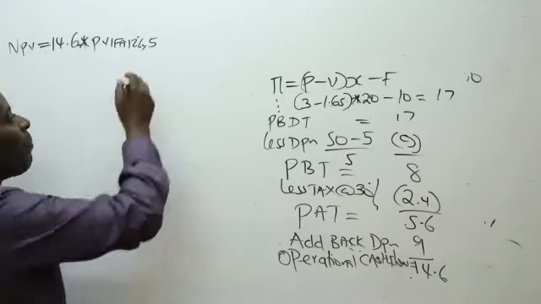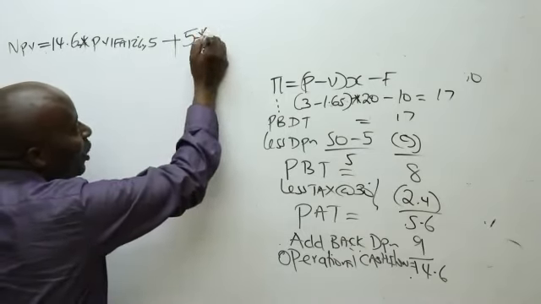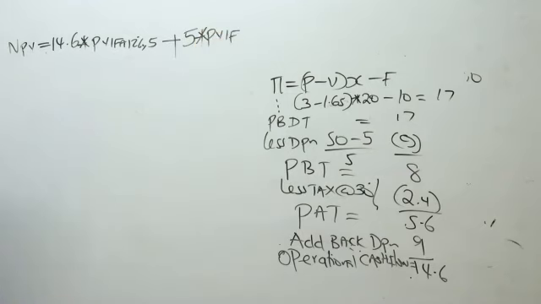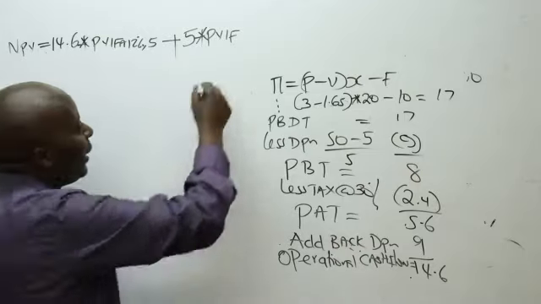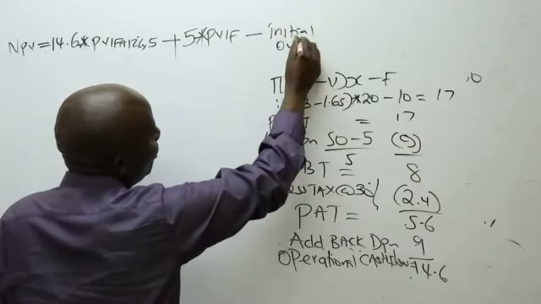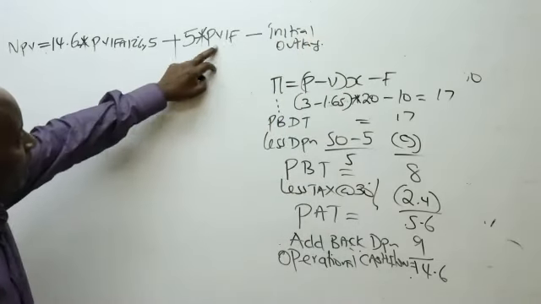So we have here plus the scrap of 5. But this scrap, ladies and gentlemen, has to be multiplied with what we call the PV. So 5 times PV, minus the initial outlay. So come and give us this PV.